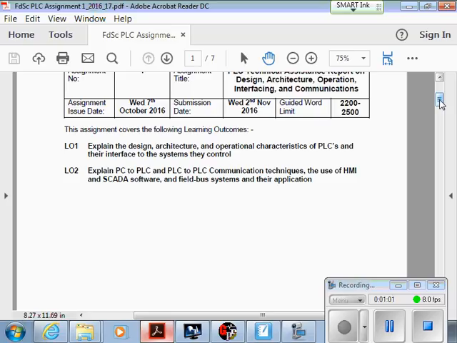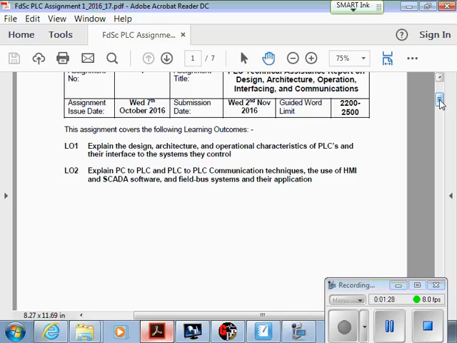Learning outcome 1: explain the design, architecture, operational characteristics of PLCs and their interface to the systems they control. Learning outcome 2 is the network side, so communication between PC and PLC and between PLCs, as well as the human-machine interface and SCADA software. Okay, so that is the content of this.